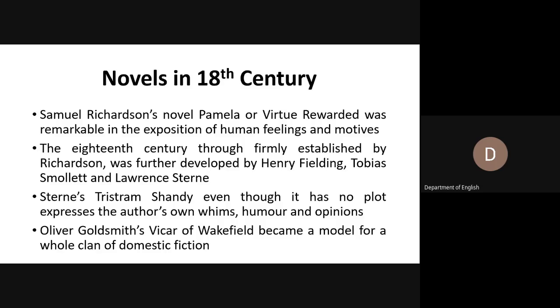The 18th century novel, firmly established by Richardson, was further developed by Henry Fielding, Tobias Smollett, and Laurence Sterne. Sterne's Tristram Shandy, even though it has no plot, expresses the author's own whims, humor, and opinions. Then came Oliver Goldsmith's Vicar of Wakefield, that became a model for a whole clan of domestic fiction.